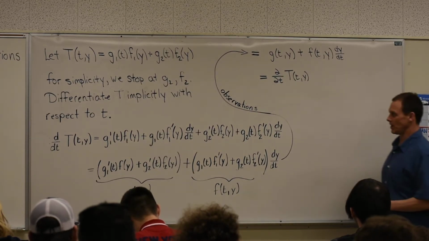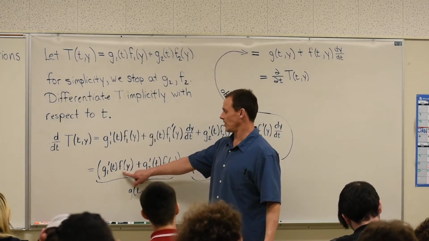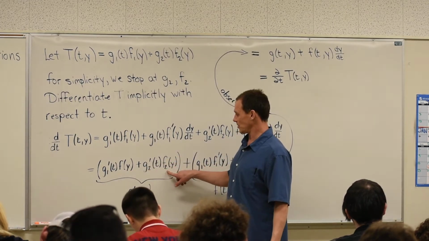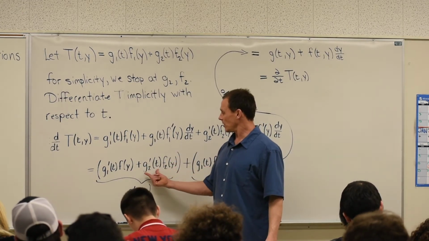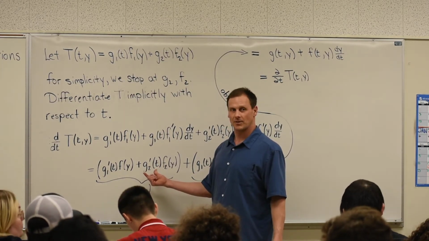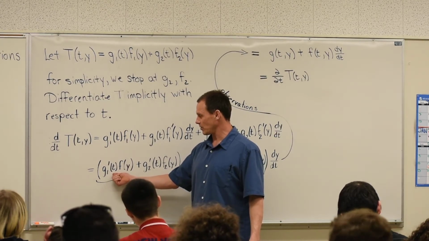Because this is what we did. All these were with respect to t's that we differentiated. So this whole function was held constant. All we did, because otherwise we would have added up, and this would have been a lot bigger work. So this was the derivative with respect to t.